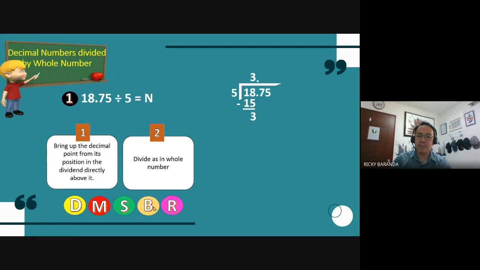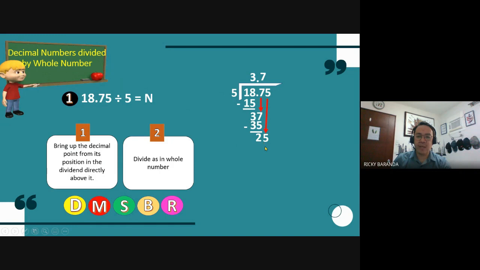Bring down 7, magiging siyang 37. Then repeat the process going back to divide. Okay, so 37 divided by 5 equals 7. 7 times 5 equals 35. 37 minus 35 equals 2. Then bring down 5.